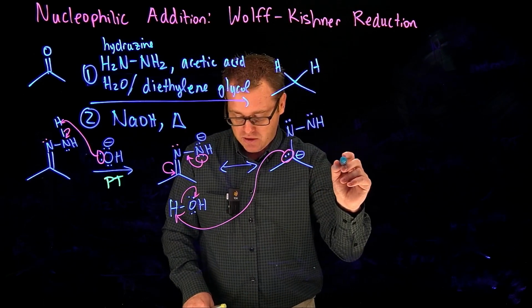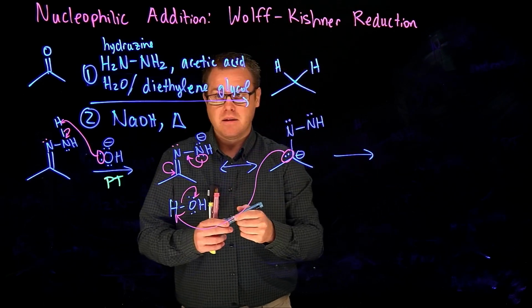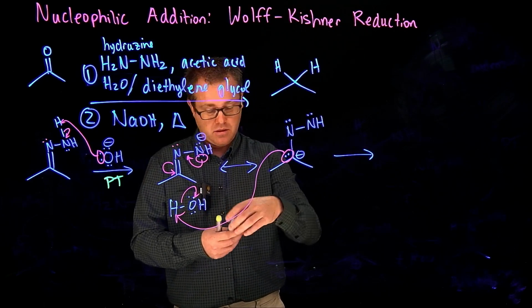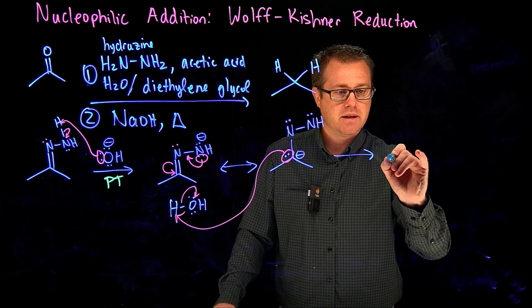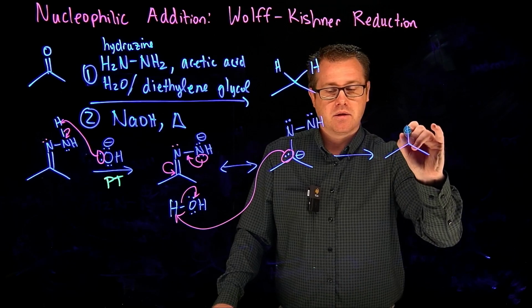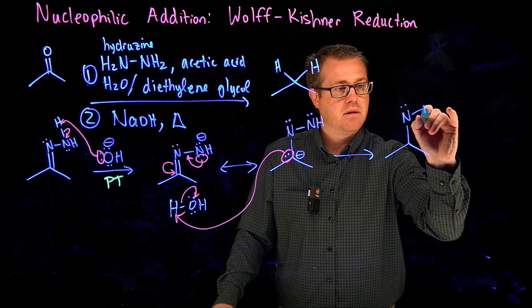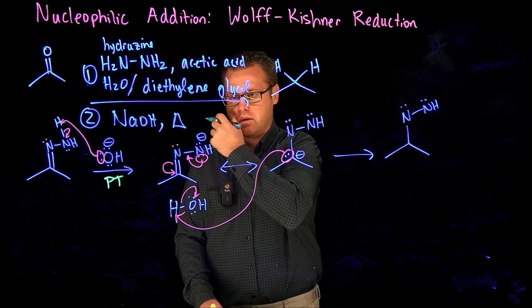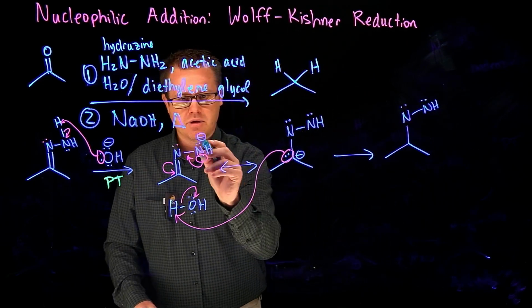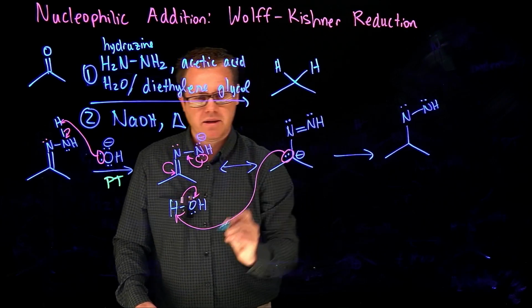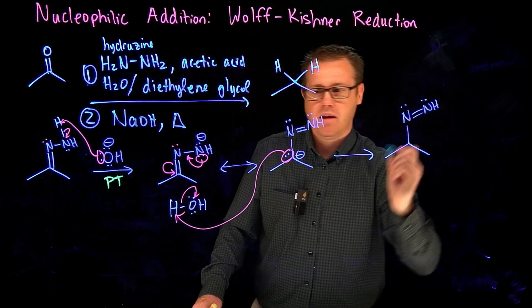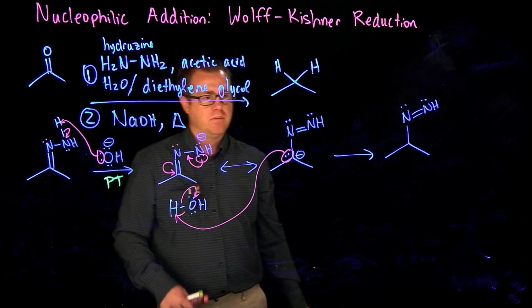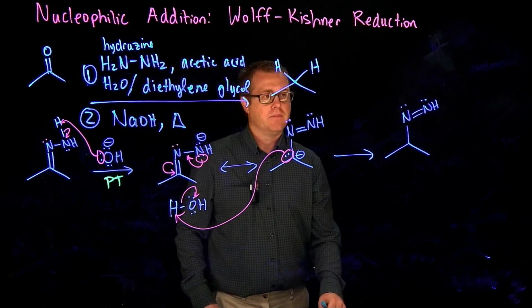And so that's going to give us a nitrogen, H like that. Wait, I did not draw that correctly. So there has to be a double bond there. There we go. That looks better because I brought that lone pair down. Perfect.